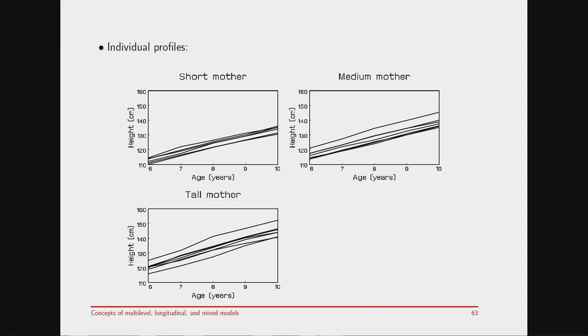What is of interest is, of course, the evolution over time. And what we do see here, and that's the information you would miss if you do not connect the dots belonging to a single child, is that a child starting high tends to remain high, and a child starting low tends to remain low.